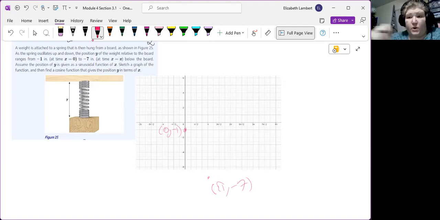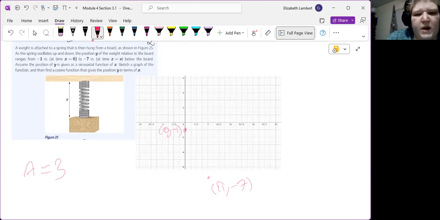Our actual x-axis here is the board. Okay, so if I range from -1 inches to -7 inches, that is 6 units in between them. The amplitude is going to be half of that. So our amplitude is 3.